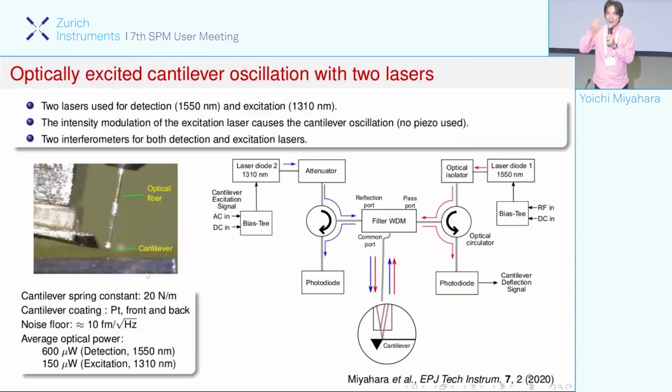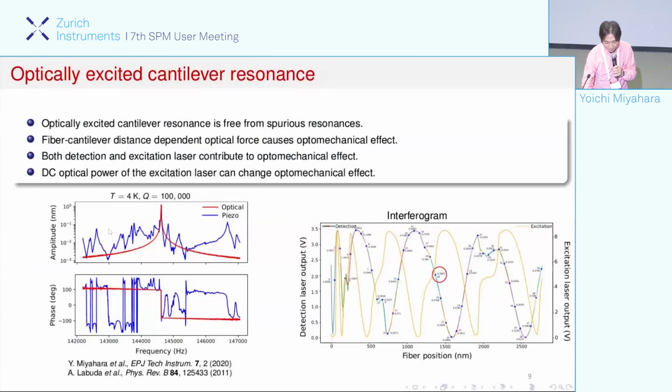We did some tricks in our interferometry system. We used 2 lasers, one for detection and one for excitation. Because we found that if you use a piezo to excite a cantilever, you get a bunch of spurious peaks, which originate from the mechanical resonance of the excitation system and can show up in the dissipation signal.